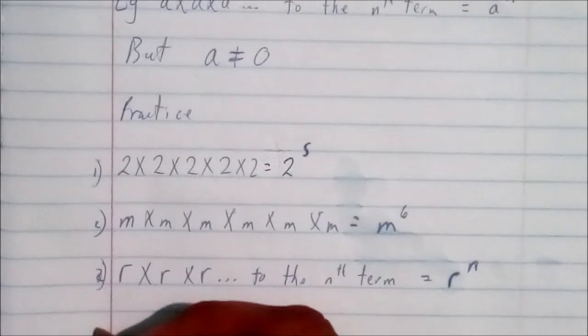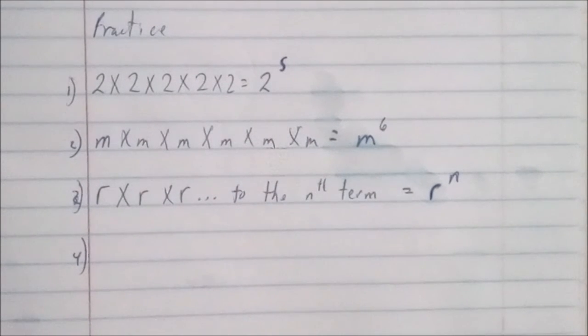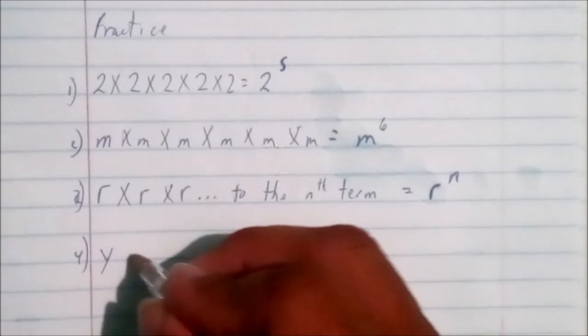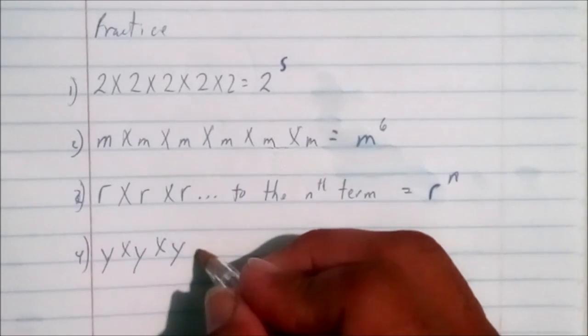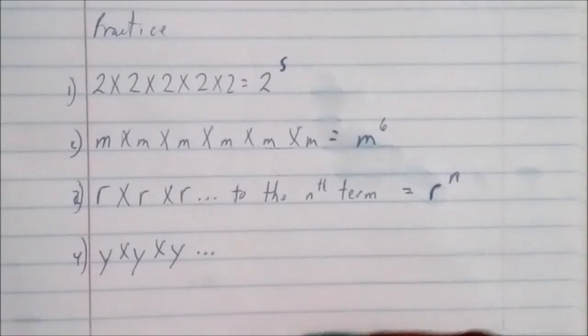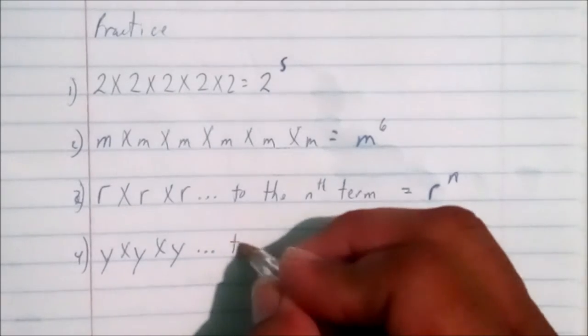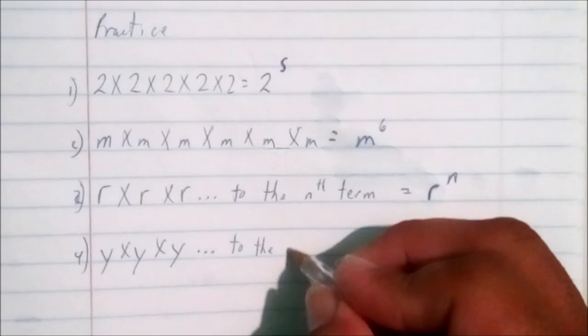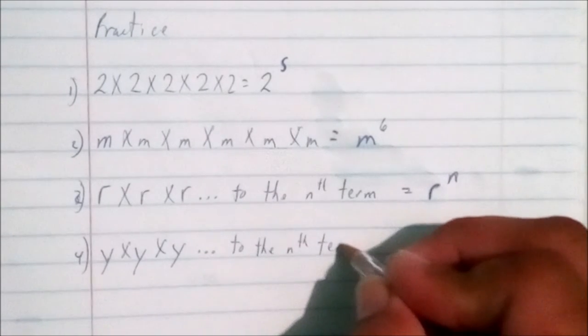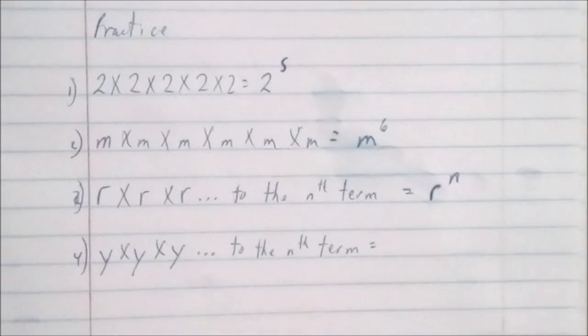Okay, our fourth example for this topic will be, consider that you have now a letter y times y times y, and you put 3 little dots and then put it to the nth term. So let me pause a little while and see what you say is the answer.